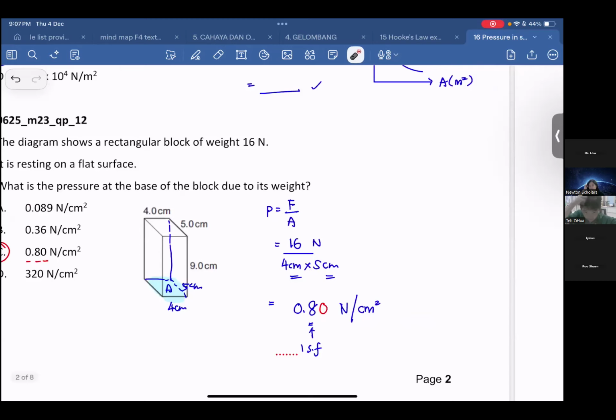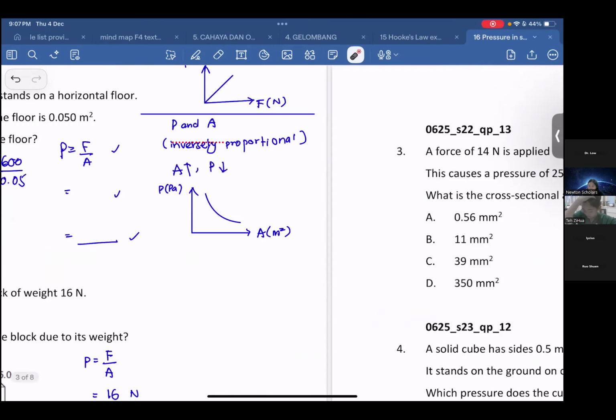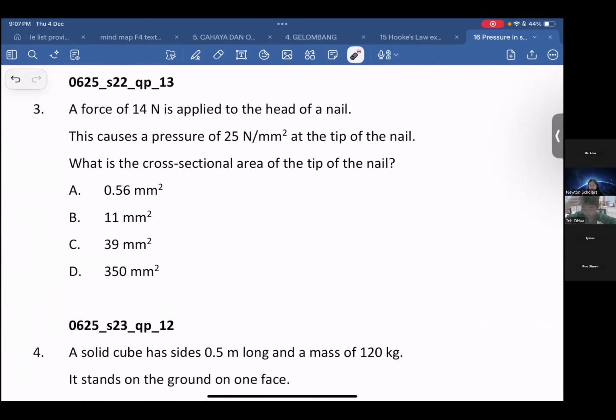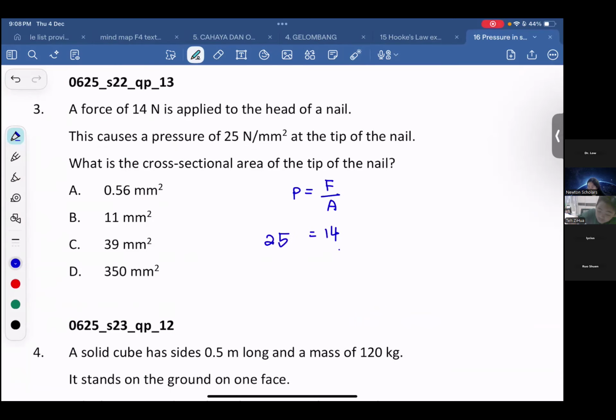Okay, we proceed to the next page. Question number 3. Can you try? Hui Tong, correct. If you cannot get the answer, it means maybe your mathematics is not strong.